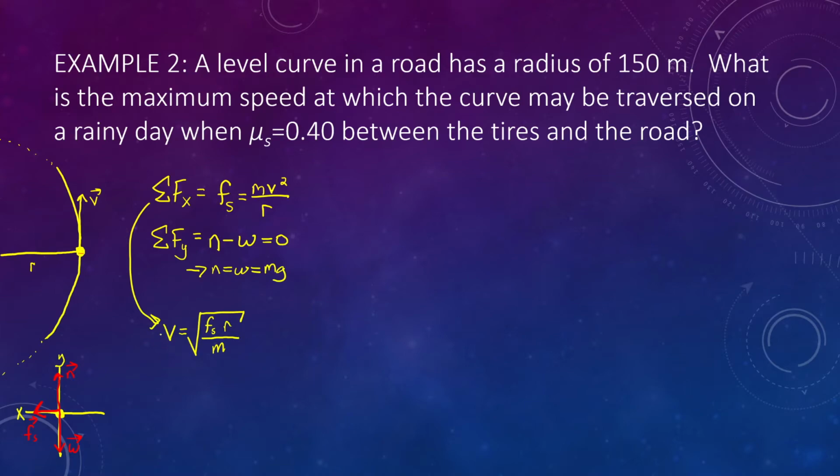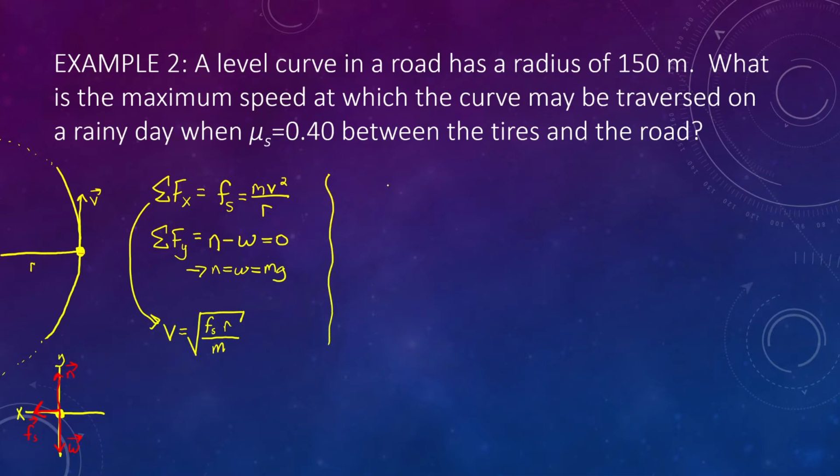Okay, this is good. We're looking for speed, but we don't yet know the friction value, f, and we don't know the mass. So there's a complication here. Well, let's think about what the definition of friction is. Right? So let me write this off on the side.